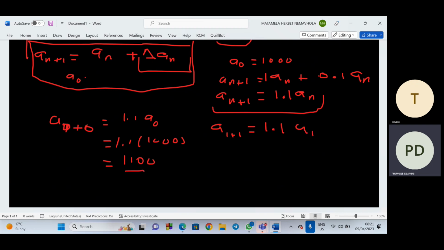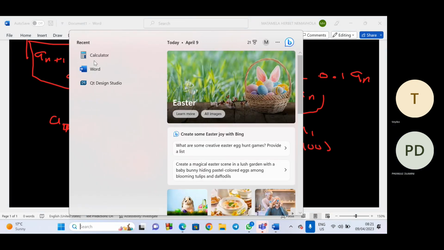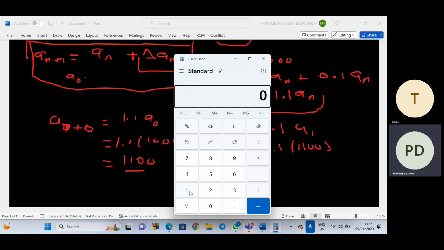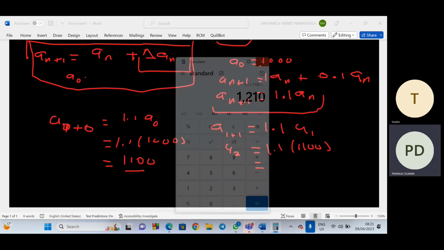We already know our present value, so A2 is 1.1 times 1100. If we use our calculator again, 1.1 multiplied by 1100 equals 1210.